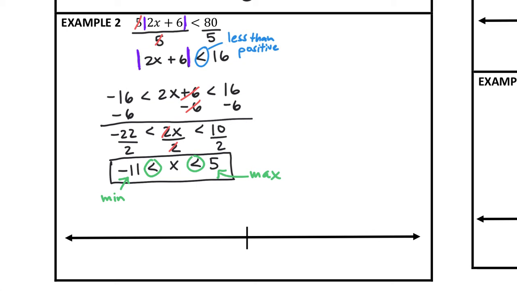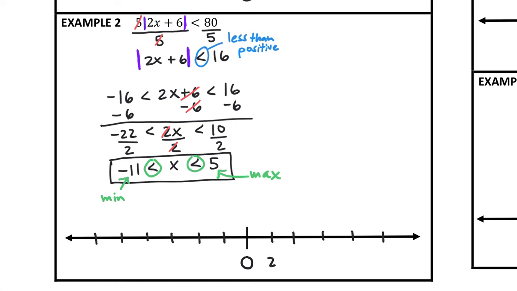So let's say again this is 0 right in the center, and here I'm just going to measure. So measure in this way. So if I'm going to do by 2's, 2, 4, 6, 8, 10, 12, 2, 4, 6, 8, 10.